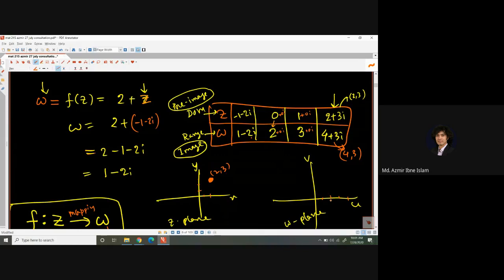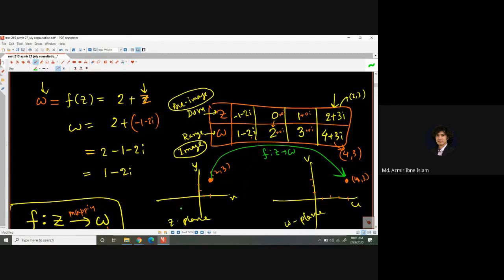Let's figure out the 4, 3 point. So 4, 1, 2, 3, the 4, 3 point is here. So we can say that this 2, 3 point is mapping to the 4, 3 point. That is the mapping f from z to w. Is that okay?